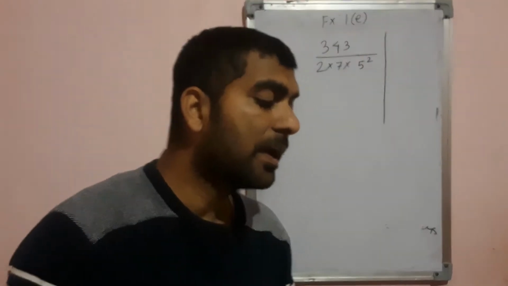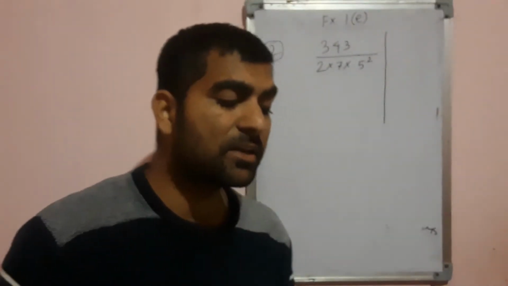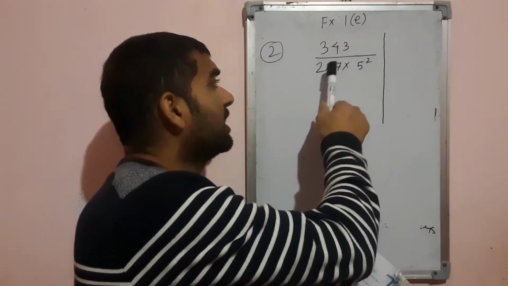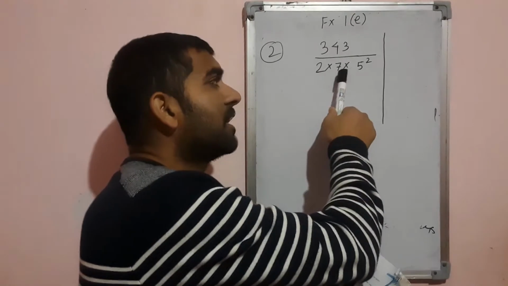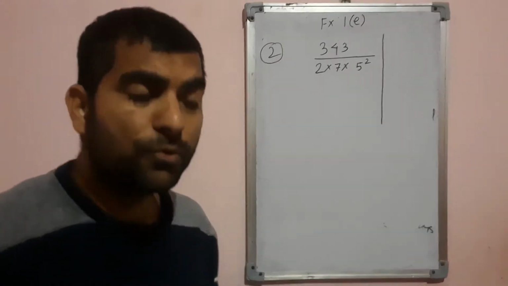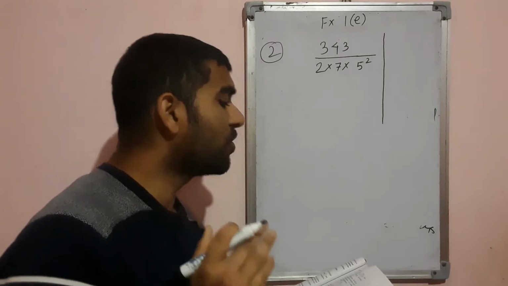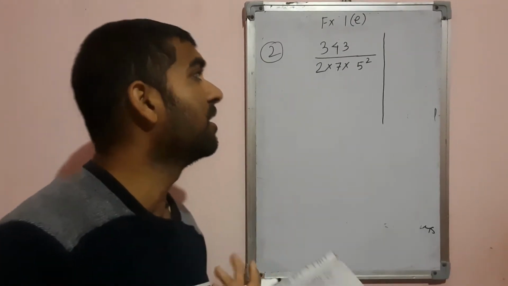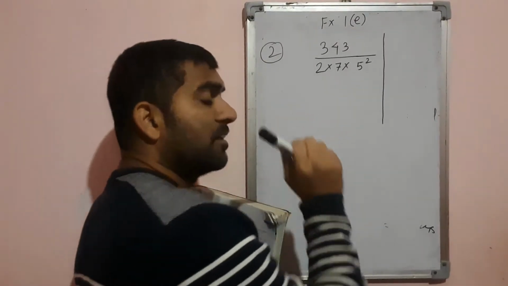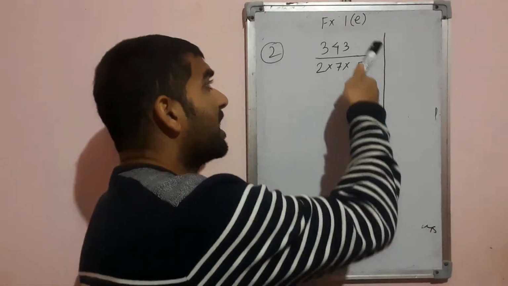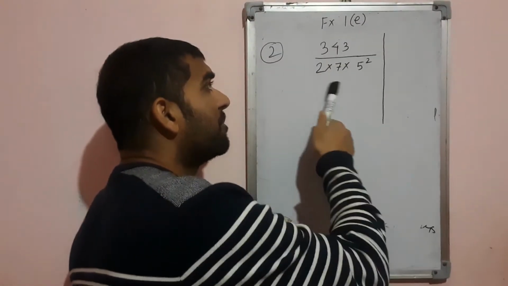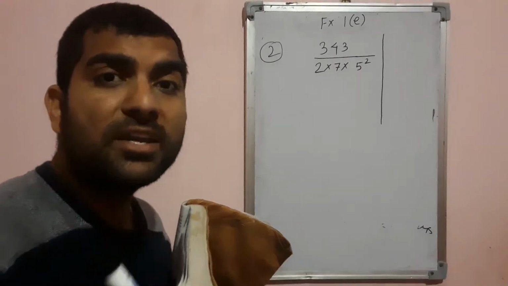Read the question. It is correct to say that the number 343 divided by 2 into 7 into 5 power 2 has a non-terminating repeating decimal. They are saying we are correct if we say this number is a non-terminating decimal.